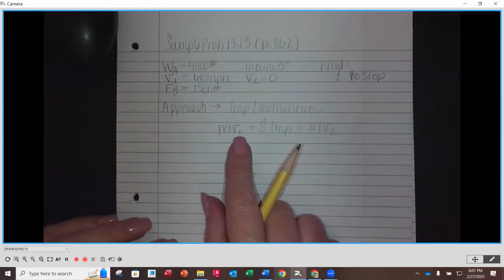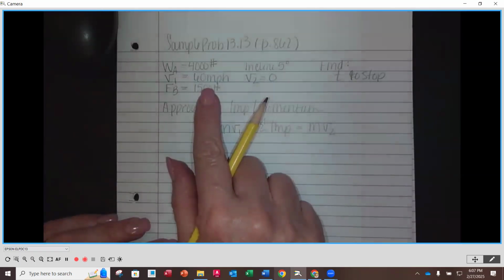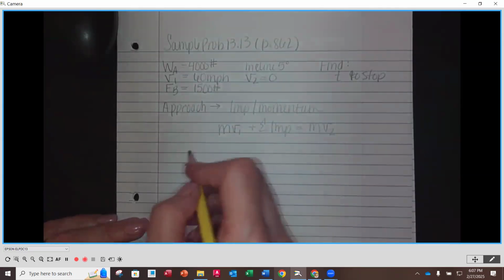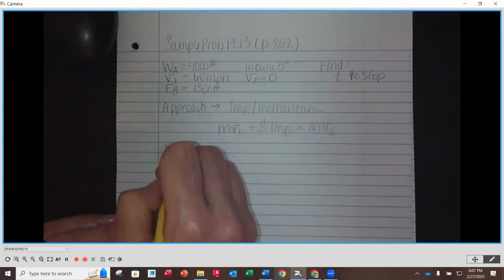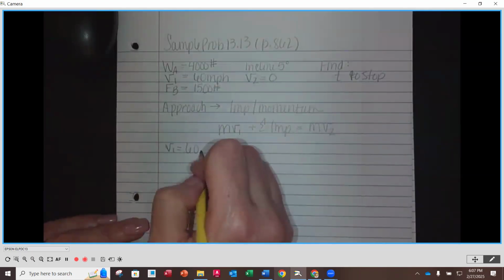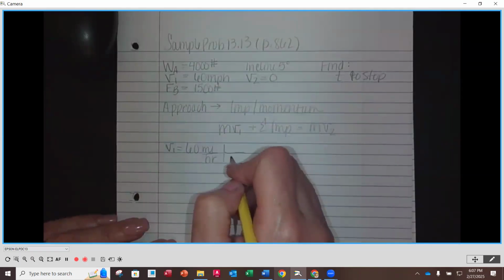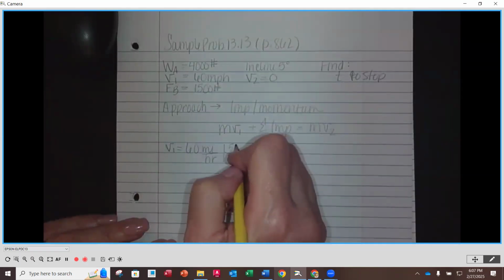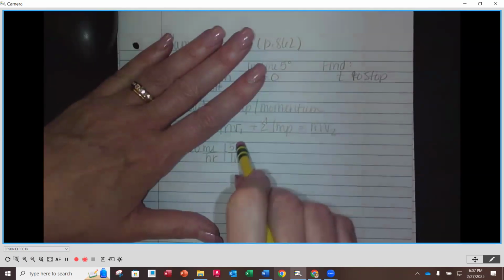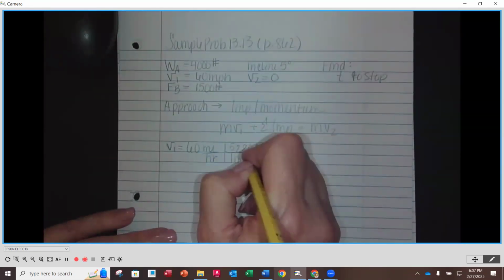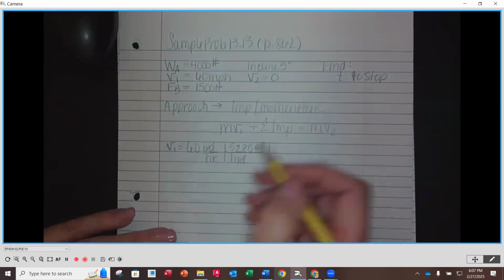Now, first things first, for our velocity one, we're given 60 miles per hour. So we need to convert it to feet per second. So I'm going to do that right here. So V1 is equal to 60 miles per hour. I know in 1 mile, there are 5,280 feet. Okay. So miles cancel.